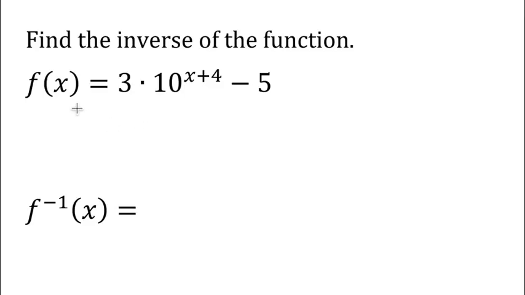This time we'll find the inverse of f of x equals 3 times 10 to the power of x plus 4 minus 5. This one turns into a little bit of a special case because it's base 10. Right, to start finding the inverse, we'll go ahead and swap the x and the y.